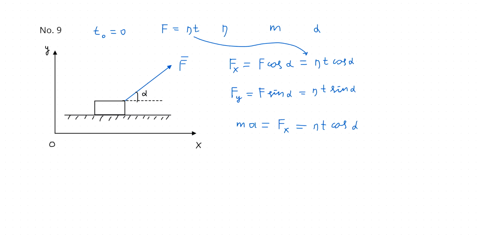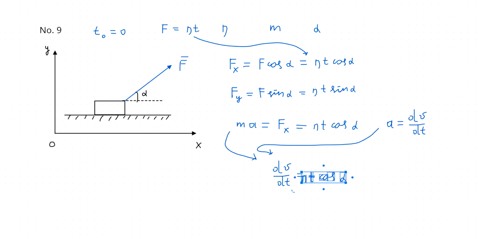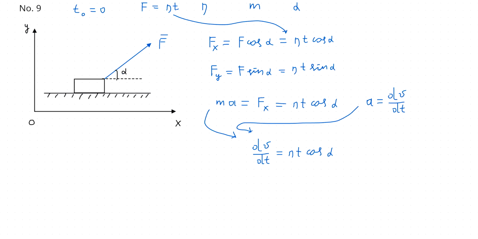According to this definition, acceleration is equal to the derivative of velocity, and from here we will get that this derivative is equal to eta t cosine alpha.